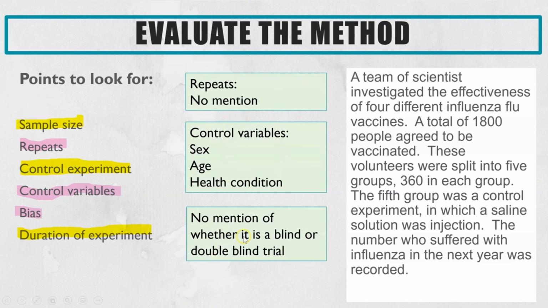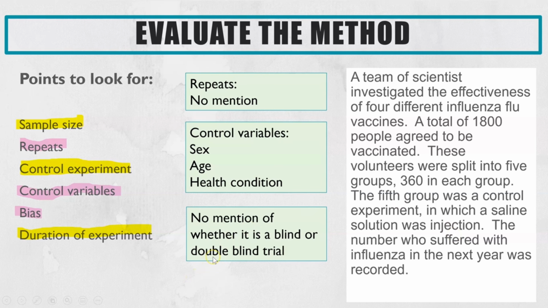There's also no mention of whether the investigation was conducted with a blind or double-blind trial. A blind trial is when the volunteers do not know whether they have the placebo, which is the saline solution in this case, or one of the active vaccine jabs.